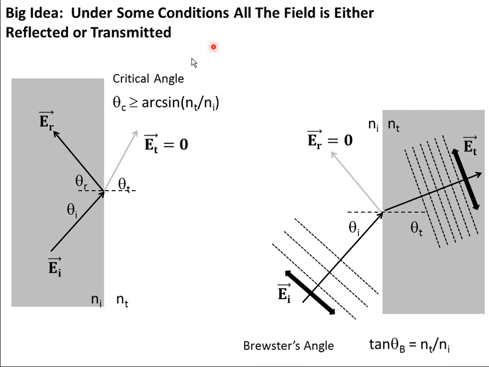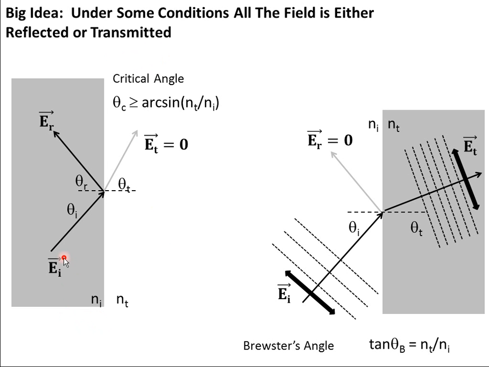In the first, all the electric field is reflected, and in the second special case, all the electric field is transmitted. The first case, where all the field is reflected, comes when you're going from a material where n_i is greater than n_t. You're coming from a more dense medium into a less dense medium.